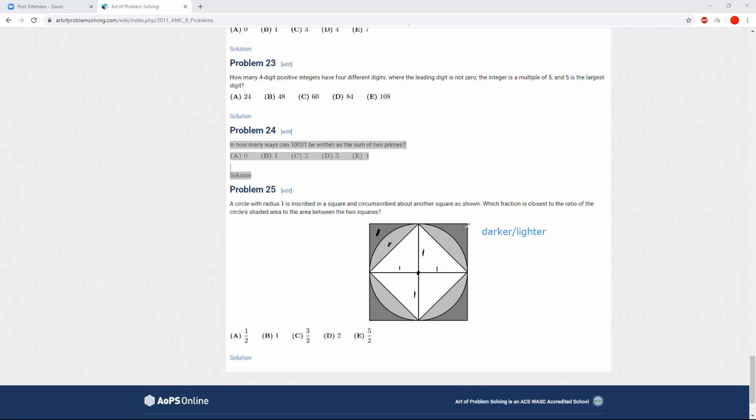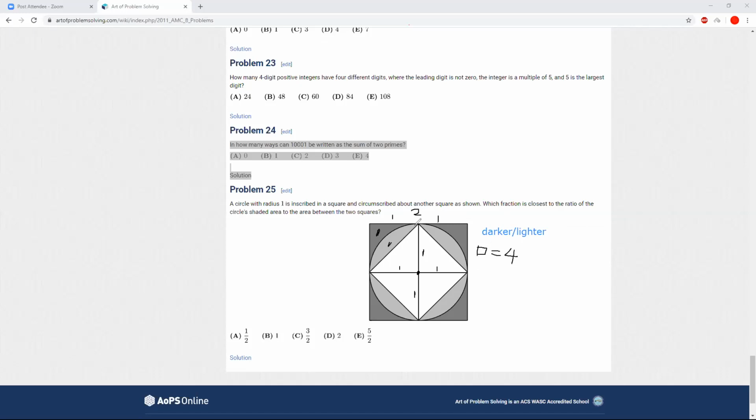The darker region is just this big square subtracted by the circle. The square has a side length of 2 because it's 1 plus 1 equals 2, so the area of the square is equal to 4.